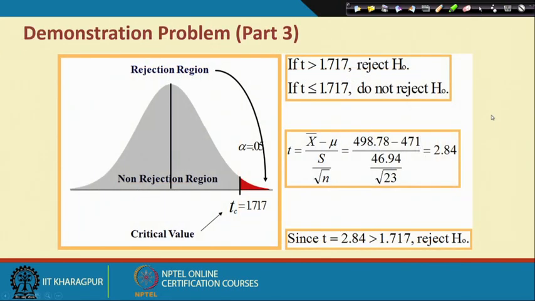So, here the critical T is 1.717, and on the basis of the sample statistics we have T equal to 2.84. 2.84 means it is overtaking this critical value 1.717. So, as a result the straightforward answer is to reject the true null hypothesis.